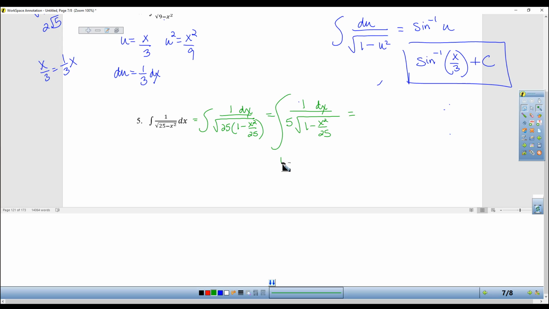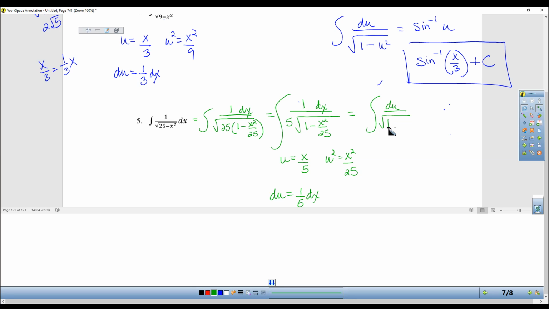So I'm going to let u be x over 5. That way my u squared will be x squared over 25. And my du, remember this is the same as 1/5 x. So it's just 1/5 dx. And I have a 1/5 dx. It's perfect. So the 1/5 dx is going to become the du.